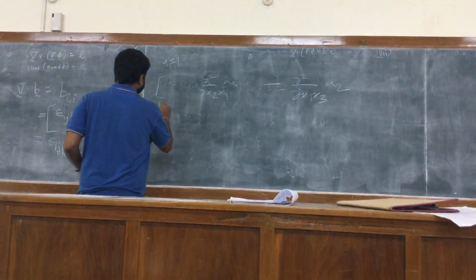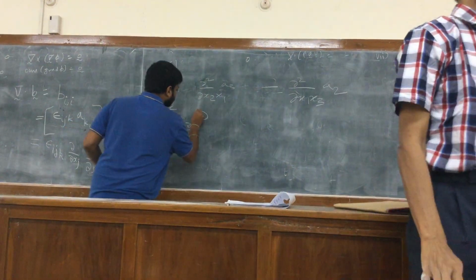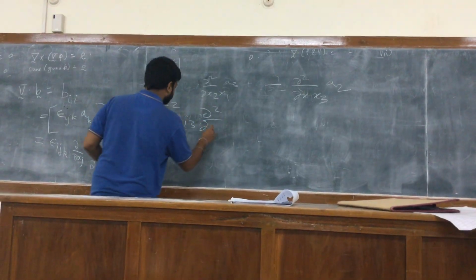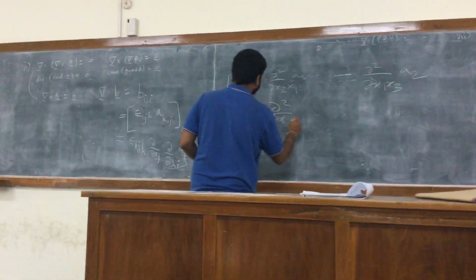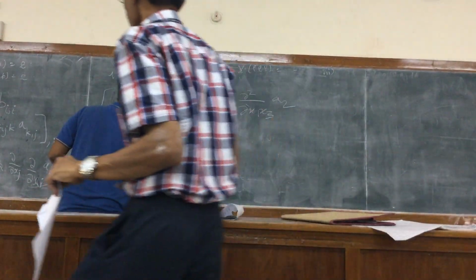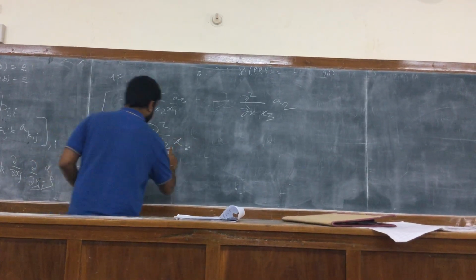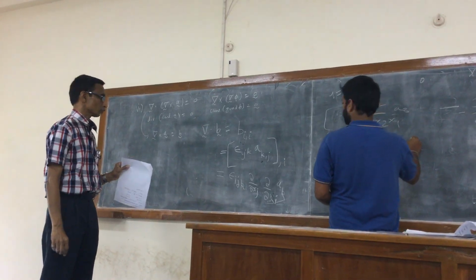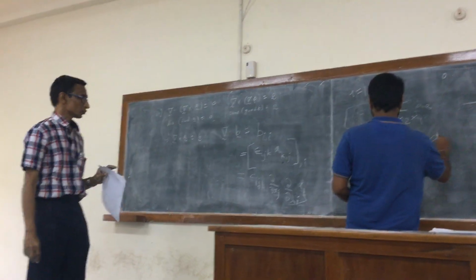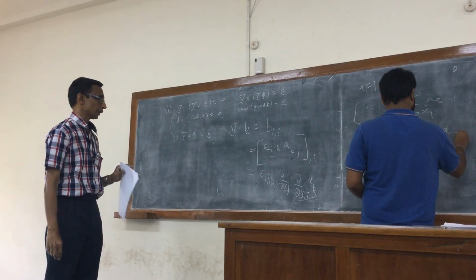Now write i equal to 2. I want you to write the two terms. You should get familiar with manipulating and writing out the terms properly. So 2, 1, 3, i equal to 2. Whatever j you have chosen, j equal to 1, but then k equal to 3.